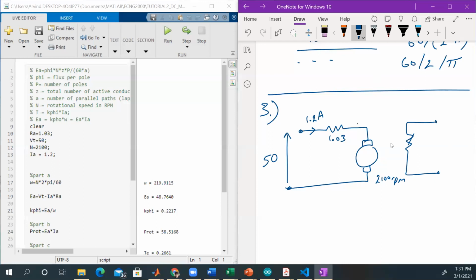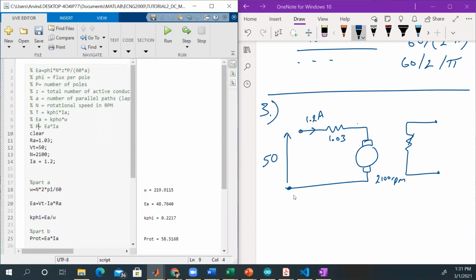So we have 2100 RPM. We want to find the equivalent in radians per second. So again, because we're going to use this equation here, EA is equal to K phi by omega, I guess I copied and pasted from the last one, right?